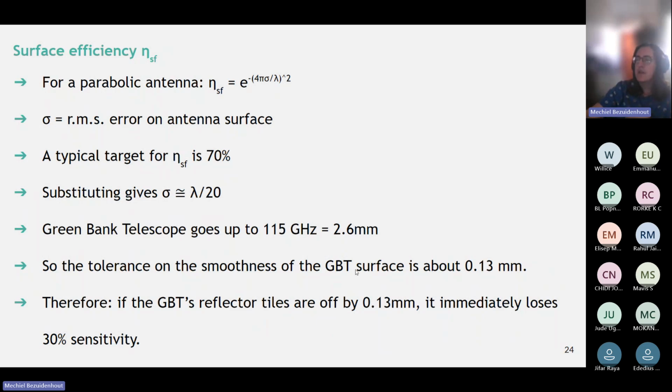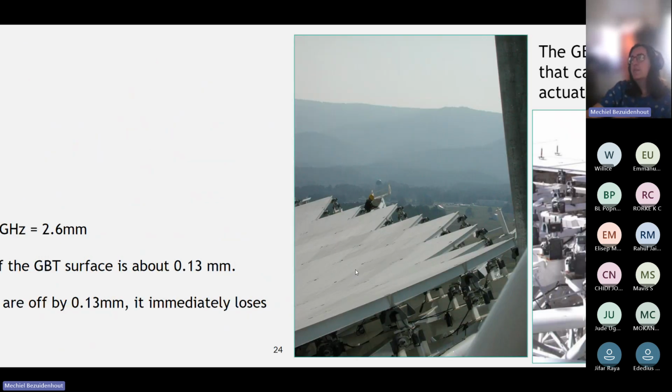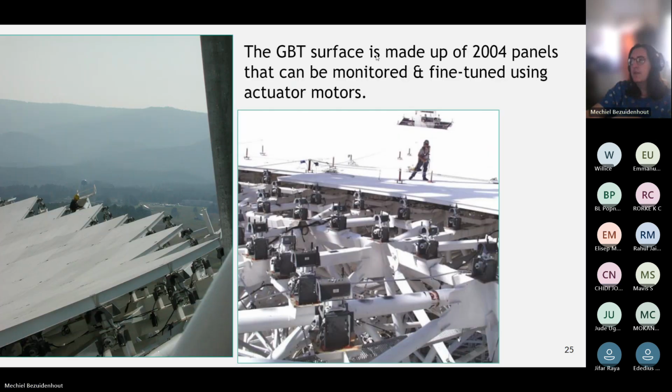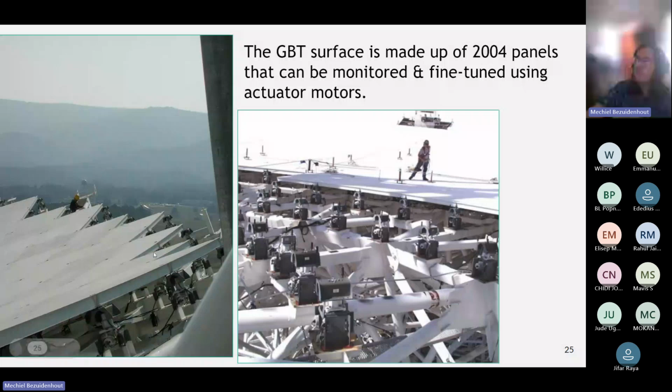The GBT deals with this problem by having motorized reflector panels. The surface of the GBT is made up of these 2004 rectangular panels, and each one is connected to an actuator motor. Every one of those 2000 panels.